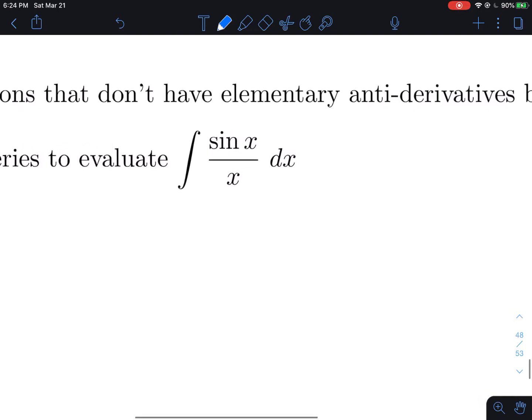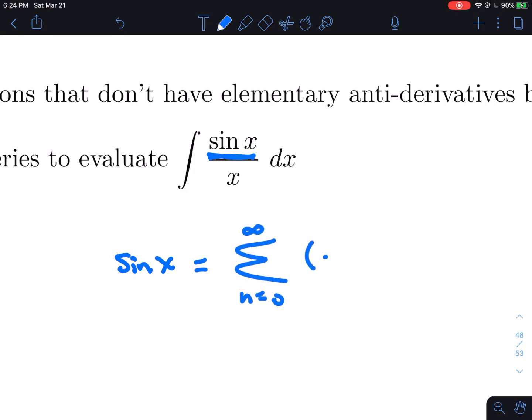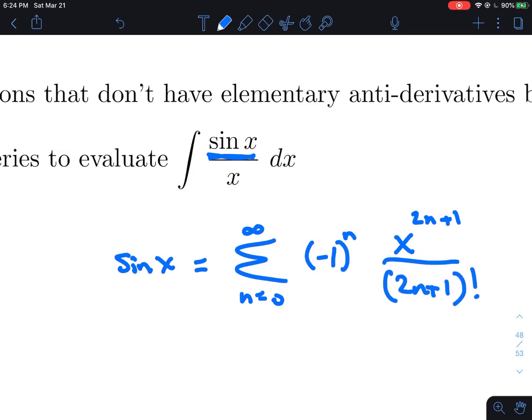So again, sine of x is something that we have a well-known power series for. So let me go ahead and write this down. Sine of x is equal to, and again, we sum up, and it's an alternating series, and it just has the odd bits. So, right, x to the 2n plus 1 divided by (2n plus 1) factorial in the denominator.